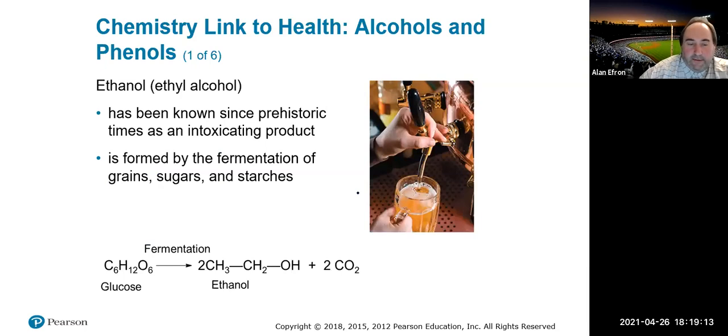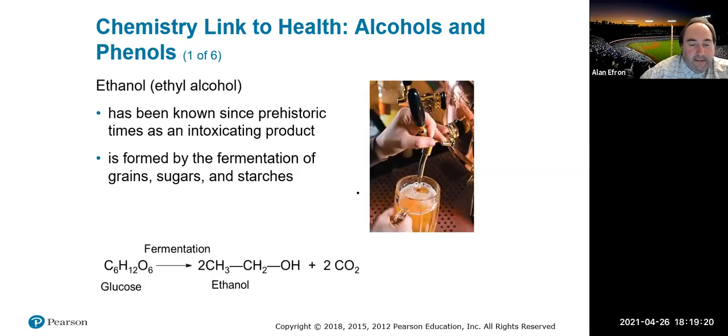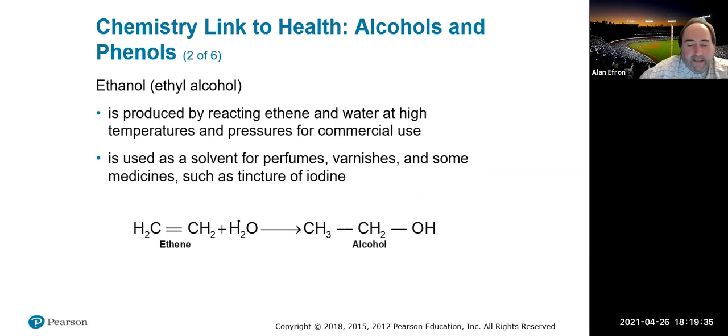All right, so we talked about some of these things. Ethanol is basically ethyl alcohol, and it's made by fermentation of glucose. We get our ethanol formed here and our CO2. We actually can make an alcohol, or ethanol, by adding water.